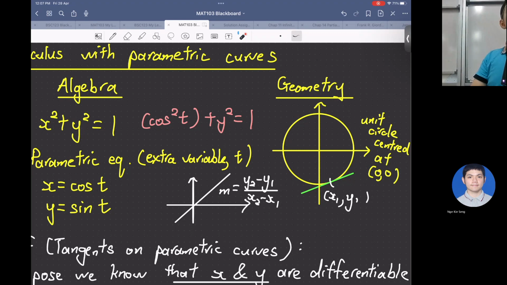And then, k is fixed. K is already fixed.